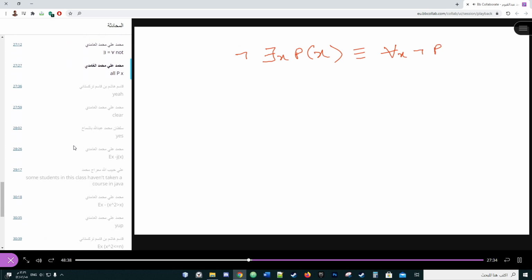Move the thing inside. That's all. And you have something like this. Change it and move it inside. That's all. And this is that famous De Morgan's law that you had taken up long back. Okay, is that clear?